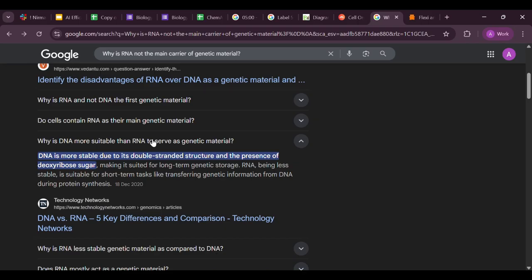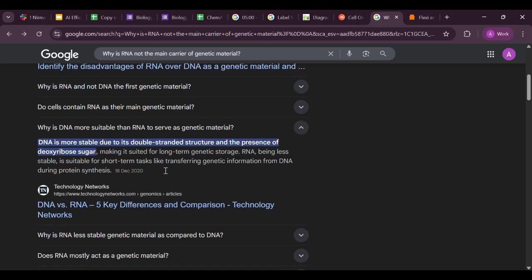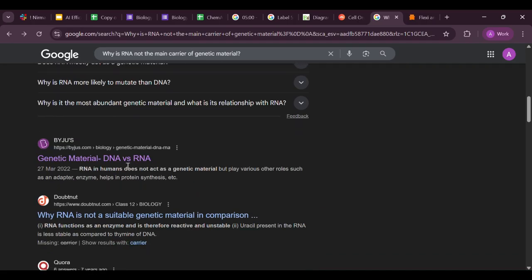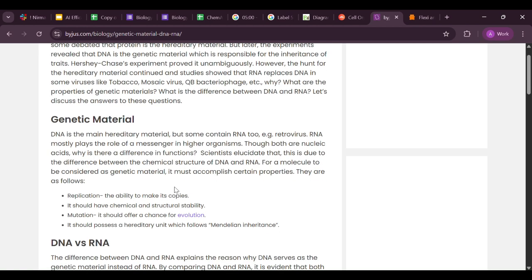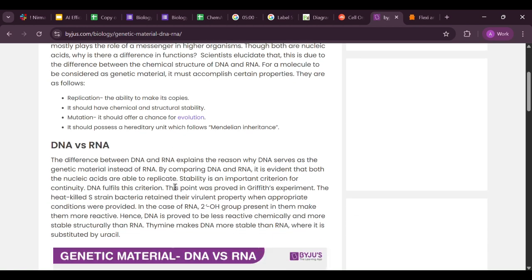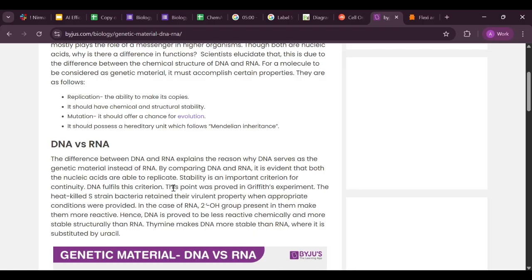Mm, no, is there any site? Yeah, here it is. Okay, we can see here DNA versus RNA, that in case of RNA, the two OH groups present in them make them more reactive.